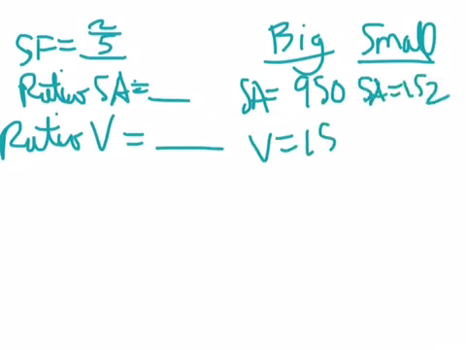Volume for the big one is 1500. Volume for the small one, 96. So let's write the surface area and volume ratios between the two figures. Again, it doesn't matter which way you go, 950 to 152, 152 to 950, not going to matter. But I went small to big up here, so I'm going to go 152 to 950.